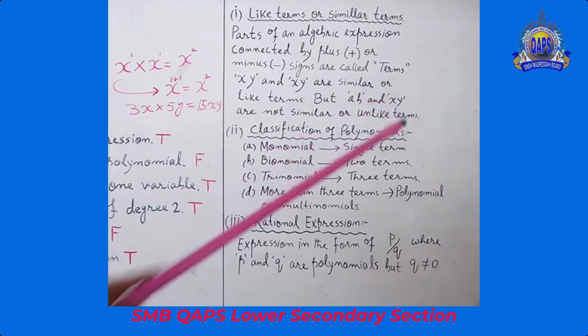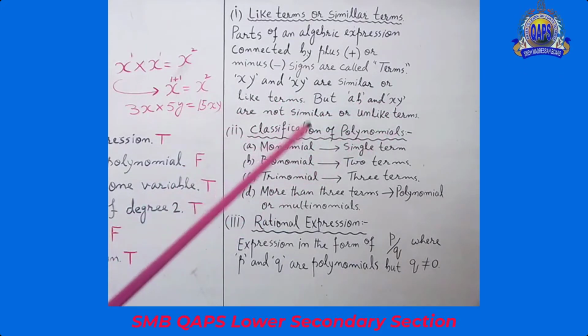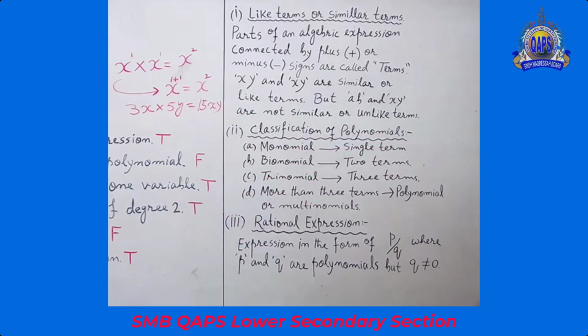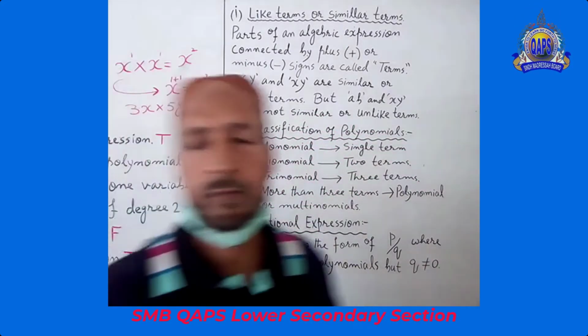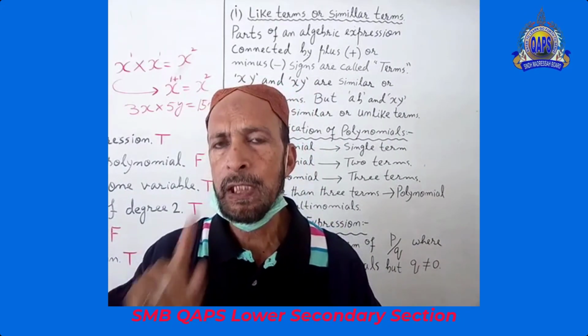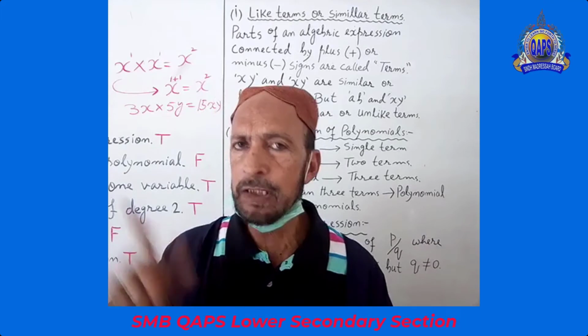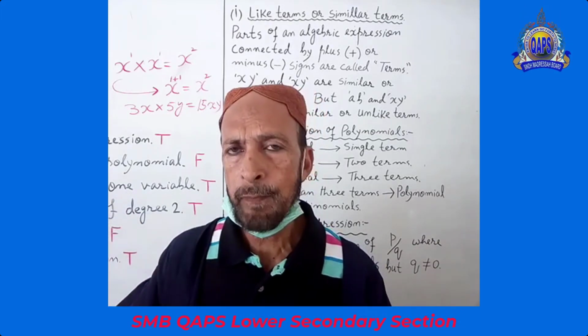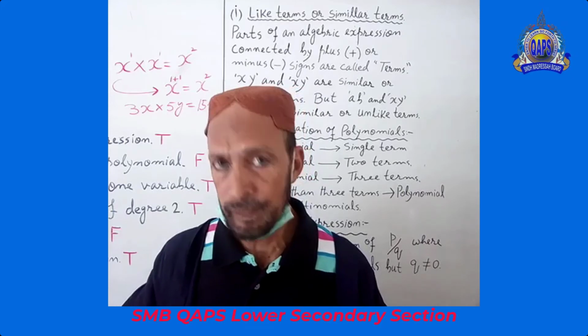But AB and XY are not similar, so that's why they are unlike terms. Copy down it and learn it. I explained while I was doing part number 1 of question number 1.